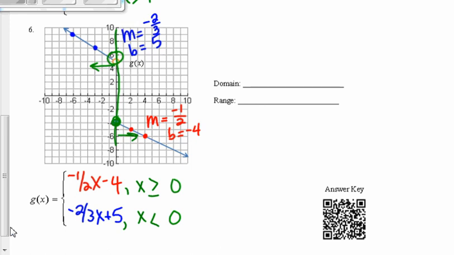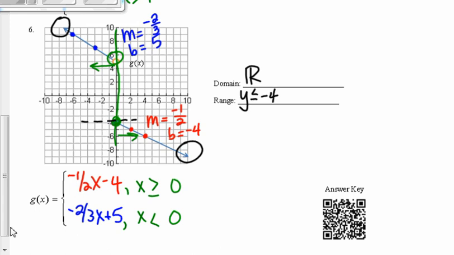Now for the domain and range. I'm talking domain here: how far to the left and right does this graph go? Forever. All real numbers. You should notice the pattern there. For the range, I'm going to do the lower part first. This graph starts at the y value of -4 and goes down from there. So y is less than or equal to -4.